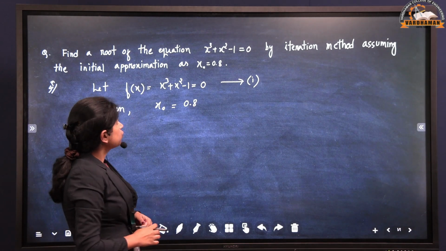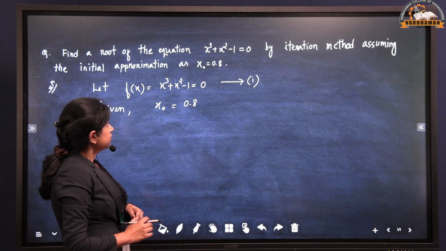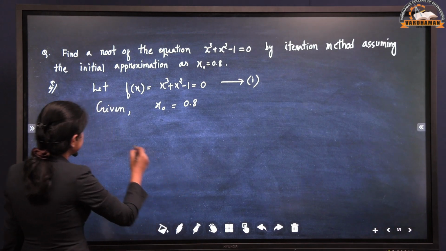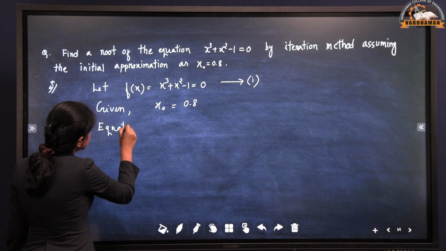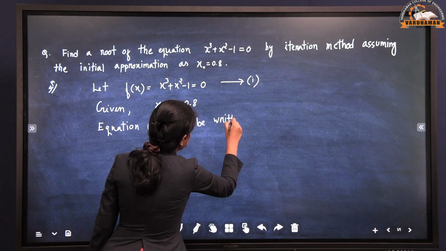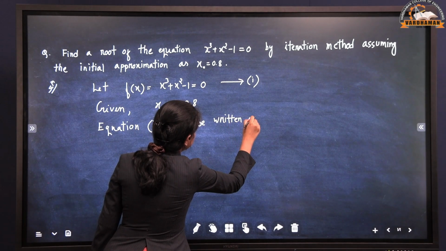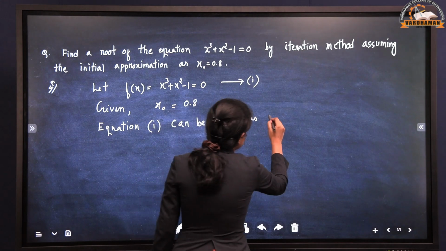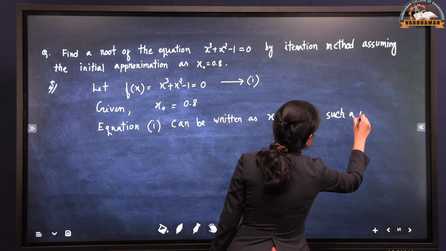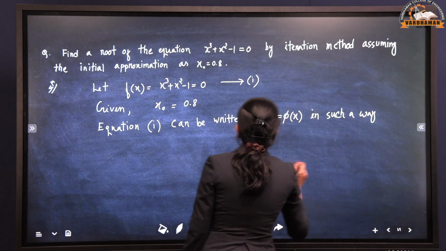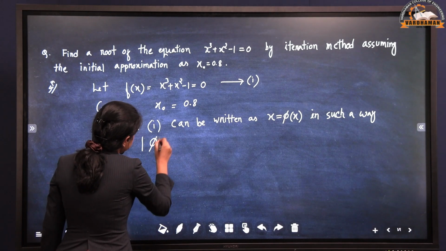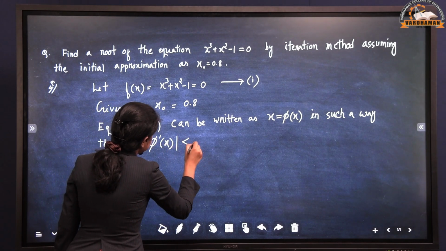Now this equation 1 can be written in the form x equal to phi(x) in several ways, in such a way that this phi dash(x) should be less than 1.